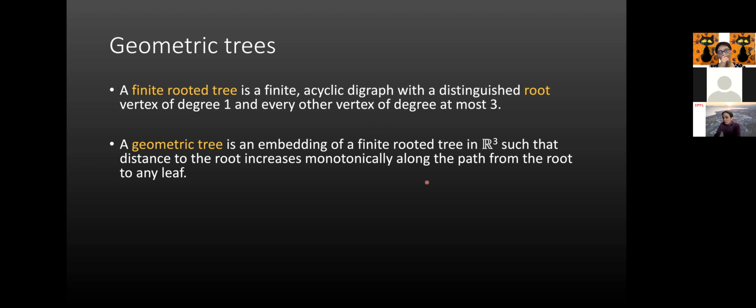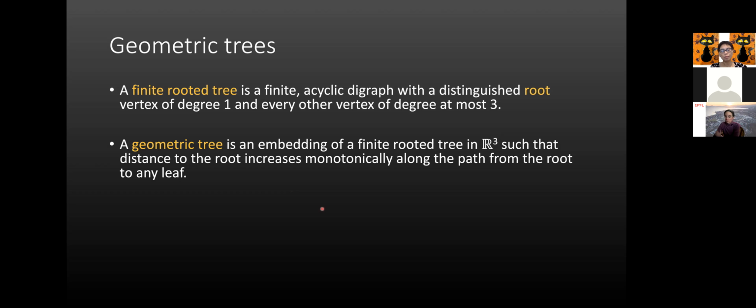And I'm going to pose one little extra condition that one can get rid of, but it makes life a little bit easier for what I want to talk about today. I'm going to assume that as I move along the unique path from the root to a leaf, the distance to the root increases monotonically. So I'm not going to have a branch that's bending back. It's always going to be moving further and further away from the root, in maybe a kind of twisted way.